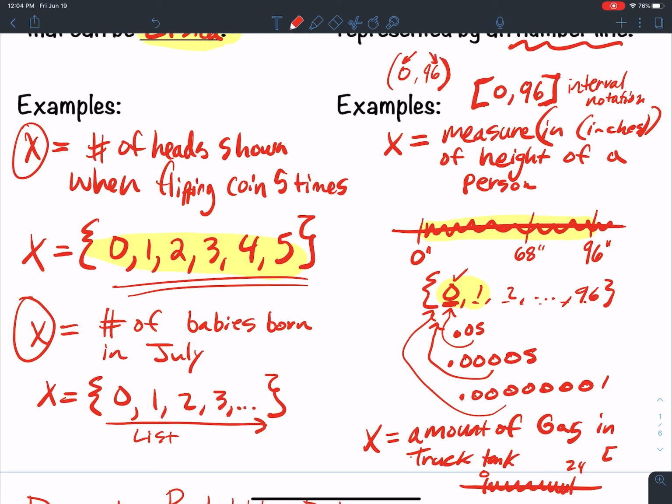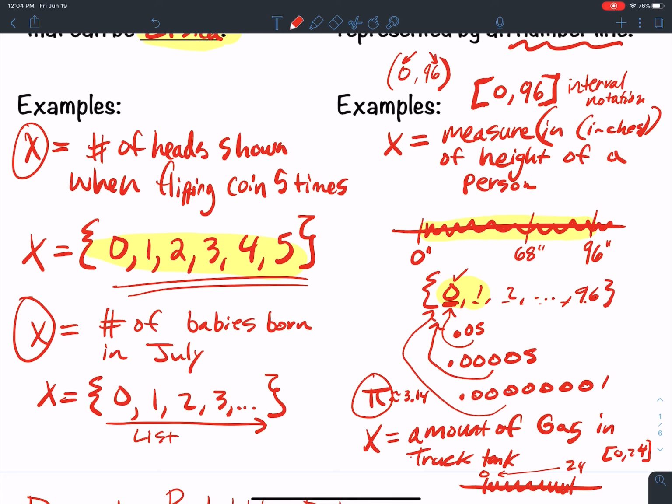So it would be from 0 to 24. Okay, so it's an interval. Right? If you start at 24 and you work your way down to 0, technically there'll be some point where you have pi, which is like roughly 3.14, right? Pi gallons of gas in your tank.